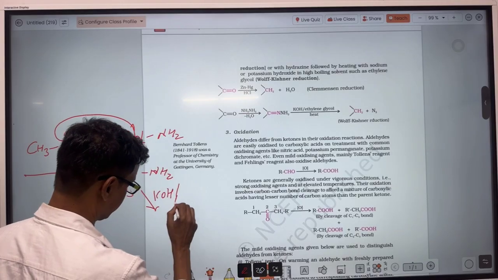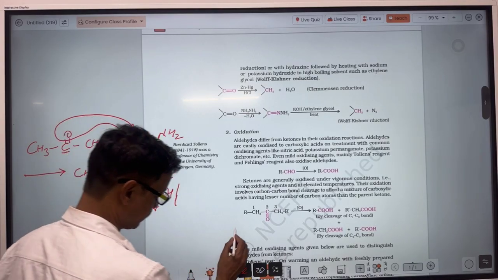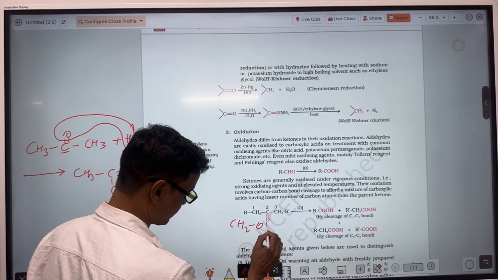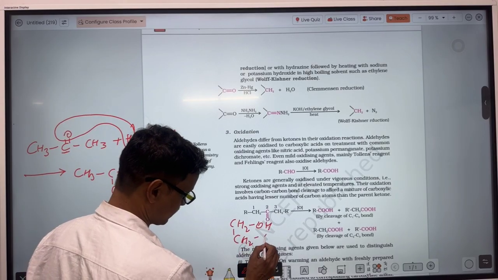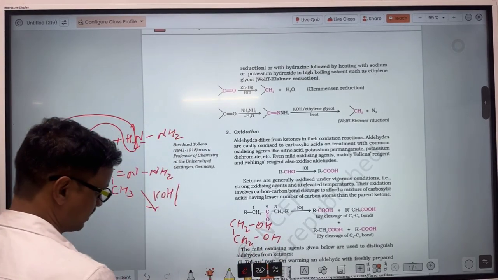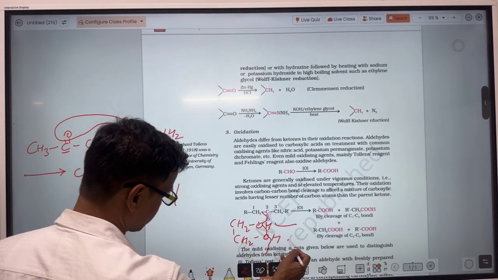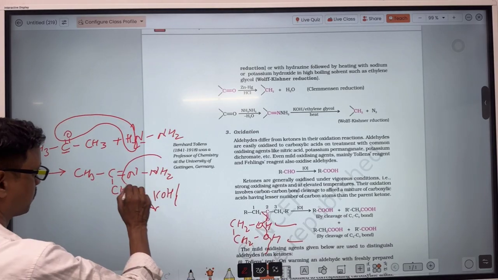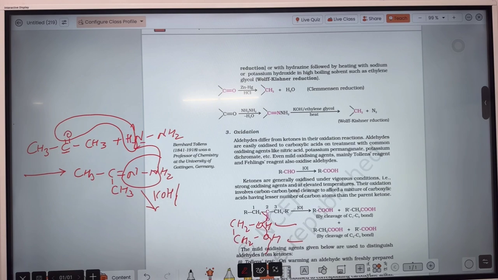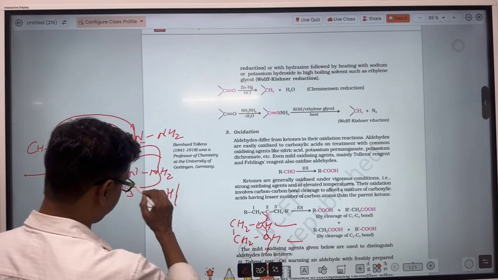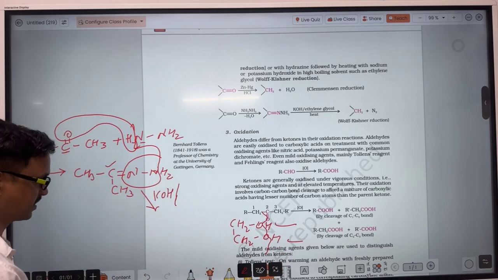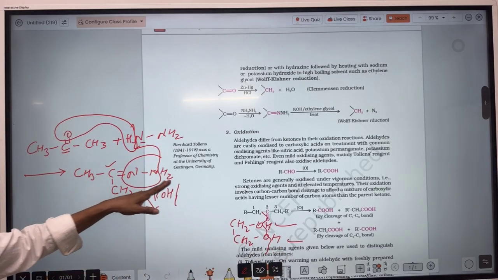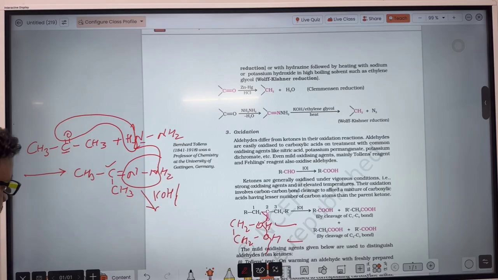What is the structure of ethylene glycol? CH2OH and here CH2OH. So potassium will react directly with that, and nascent hydrogen will be provided. The azo group will be released in the form of N2, and this carbon will satisfy its valency by absorbing the hydrogen.